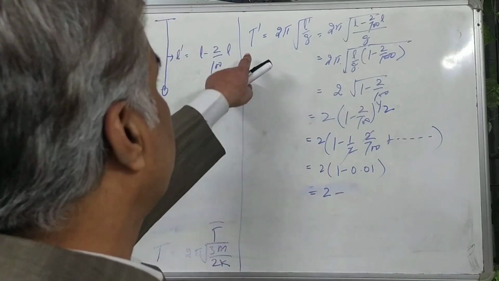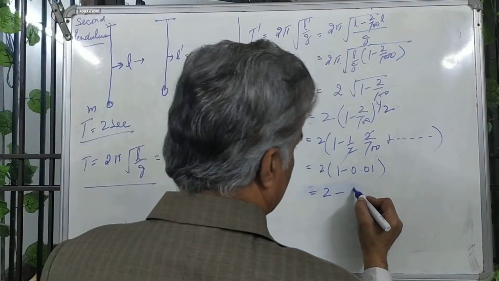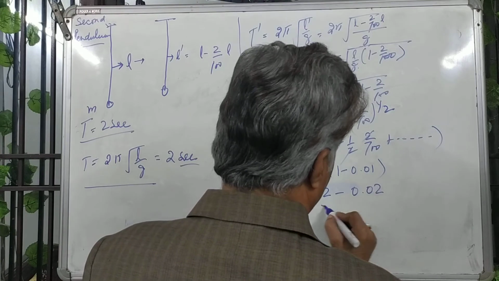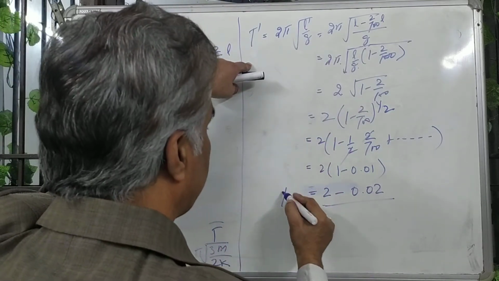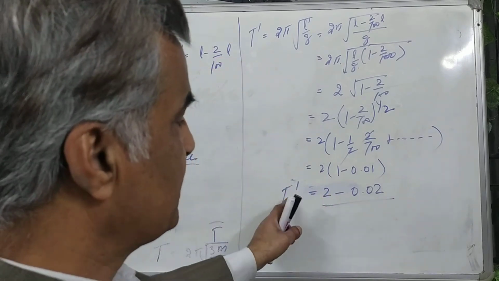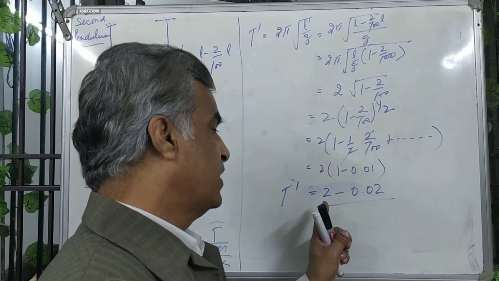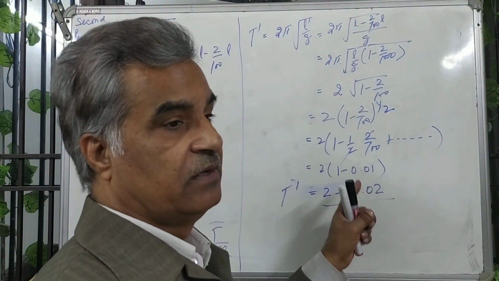This is the time period T dash. So this is 2 minus 0.02. The first time period was 2 seconds. Now the time period is reduced by 0.02 second.